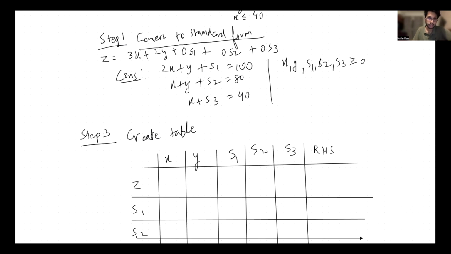In our z, our x is basically going to be, let's say, 3, the coefficient. This is going to be 2. Then we have 0, 0, 0, and RHS is also 0.